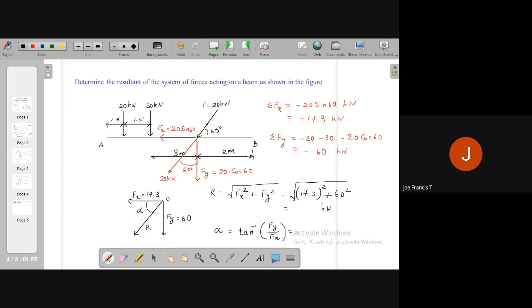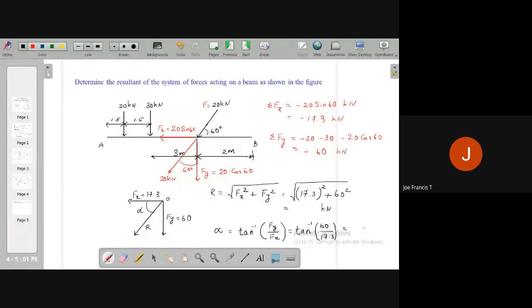So this will be tan inverse of Fy, which is 60, divided by Fx, which is 17.3. So you get a value for alpha. This is the first step: you find R and then alpha.